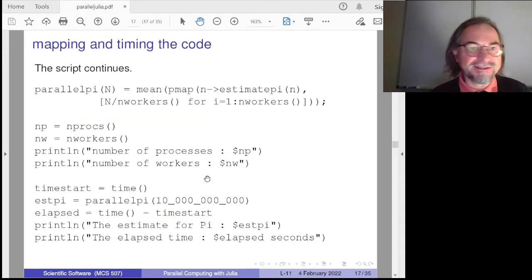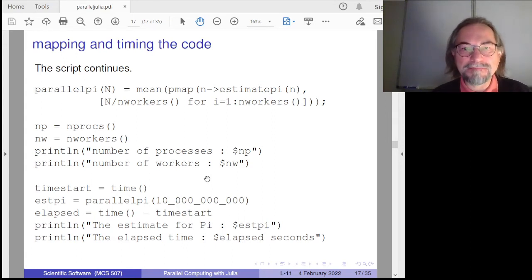Here I said script, so when I wrote this, I was still thinking about scripting languages. I have a number of workers, so we use the function nworkers. There is now one parallel program, and the parallel program is defined in one line.